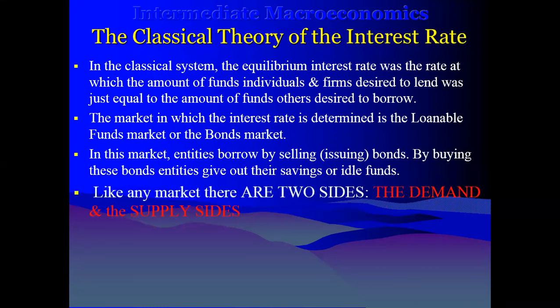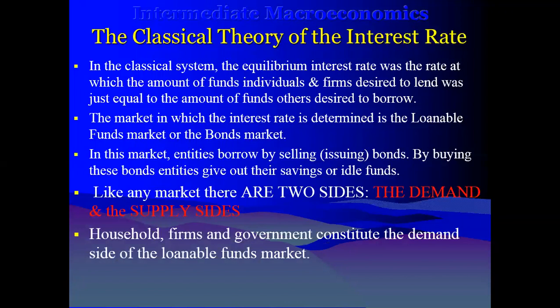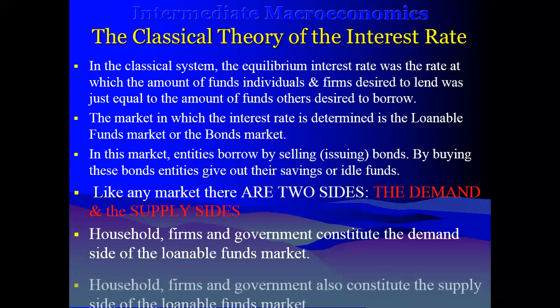And in economics, by now we all know that whatever market we talk about, goods market, capital market, labor market, money market, we have two sides: the demand side and the supply side. When it comes to this market, all the economic entities that we know, government, firms, and households, form the demand side, and they also form the supply side.